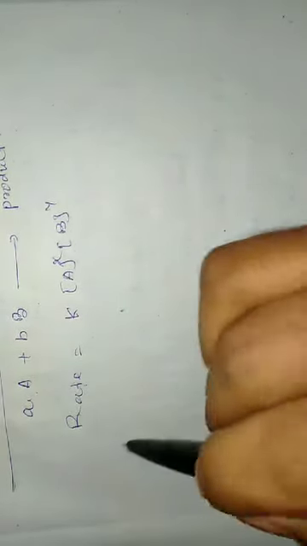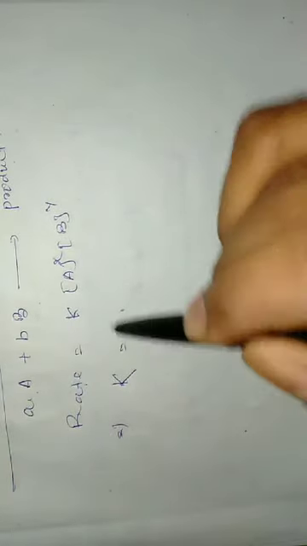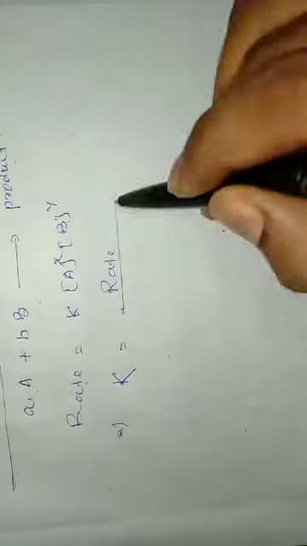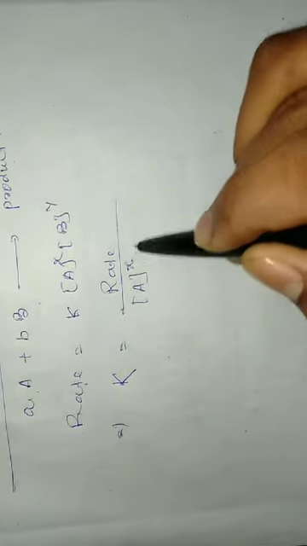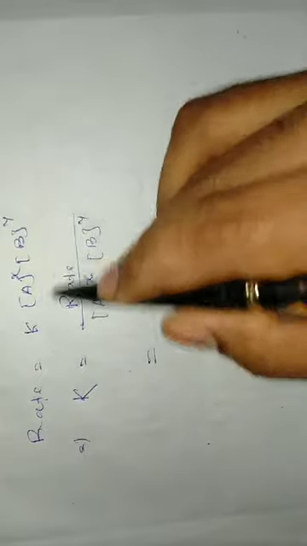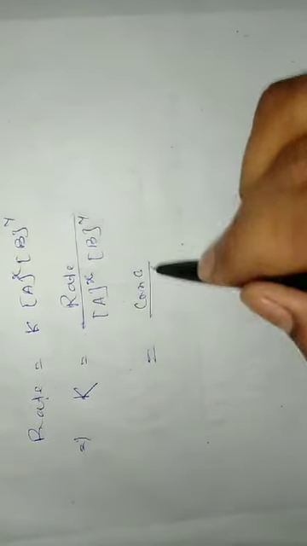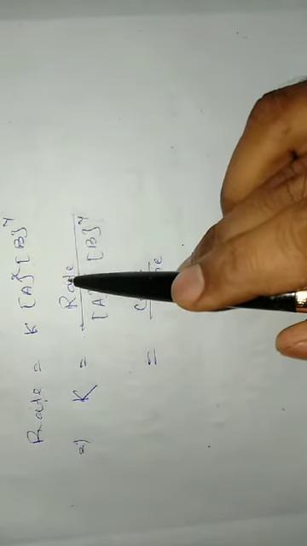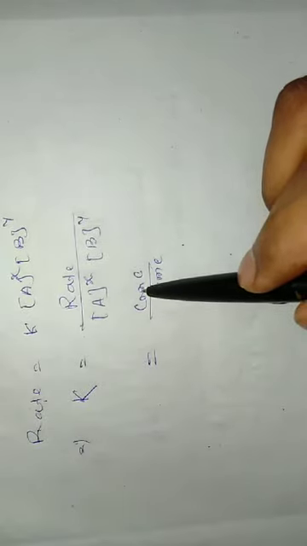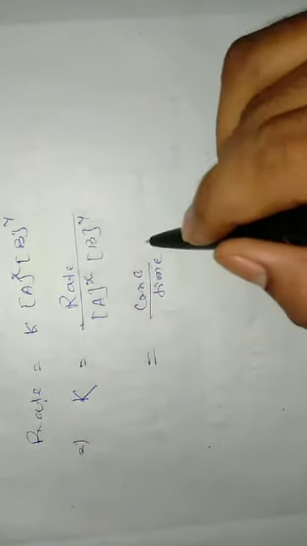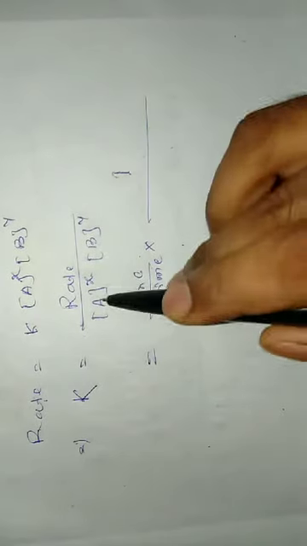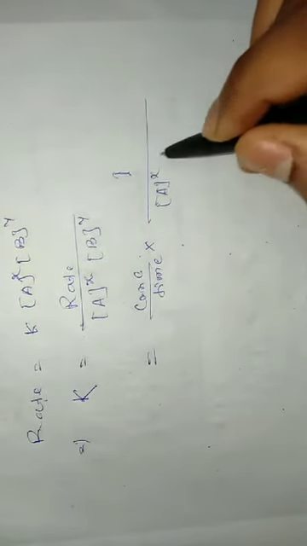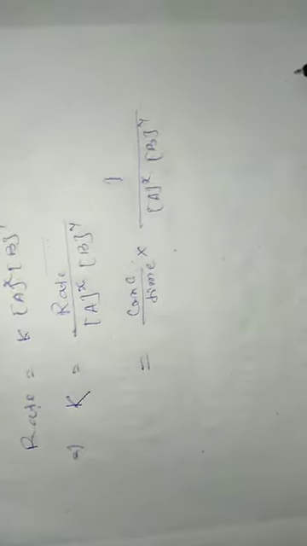Then k equals rate divided by concentration of A to the power x, concentration of B to the power y. So what is the rate? Rate equals concentration divided by time. When we started the chapter, we discussed what the rate is and how you can define it. Rate is simply the concentration of reactant or product divided by time, into 1 by concentration of A to the power x, concentration of B to the power y.